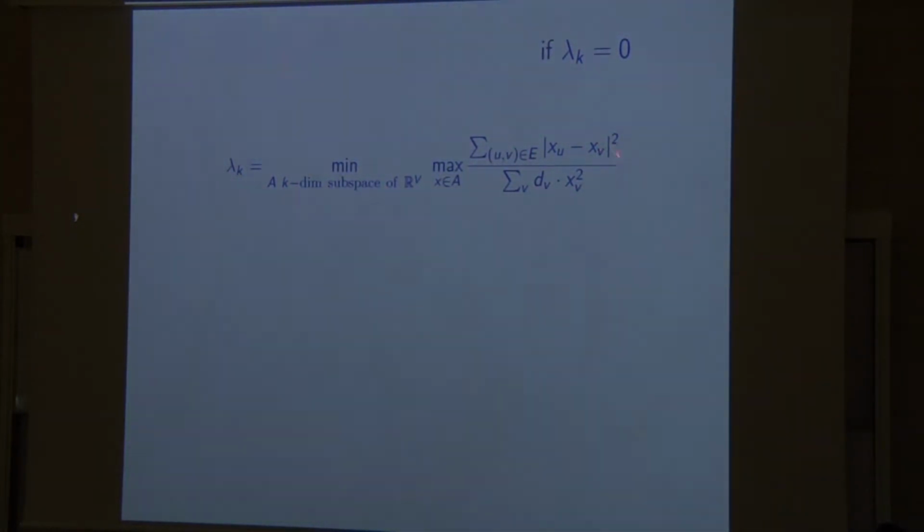So I want to argue that if lambda_k is 0, then there have to be k or more connected components in the graph.